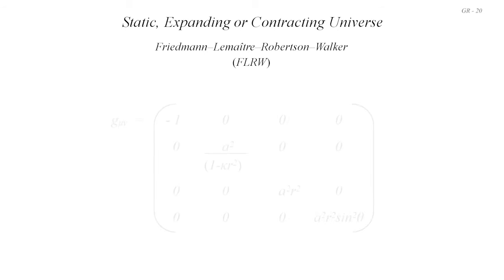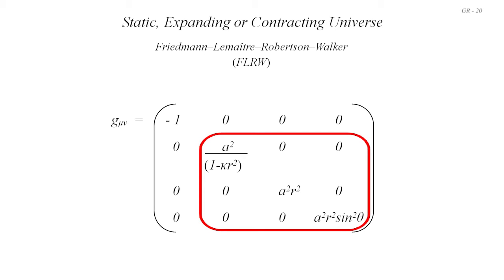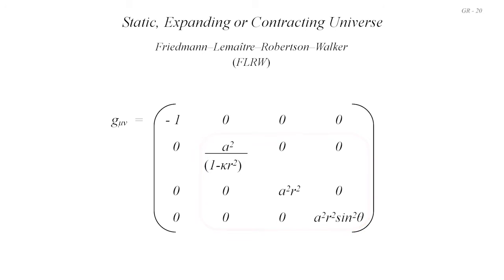Now, if we look at this FLRW metric again, we can see that the spatial part of it, which is essentially a particular form of spherical polar coordinates, is all multiplied by the expansion factor a squared, and that the time part of it is not.